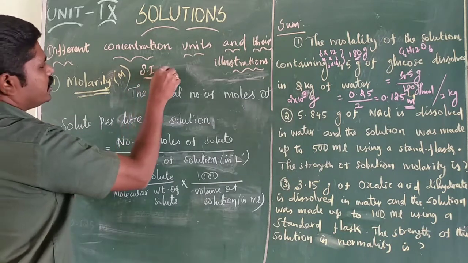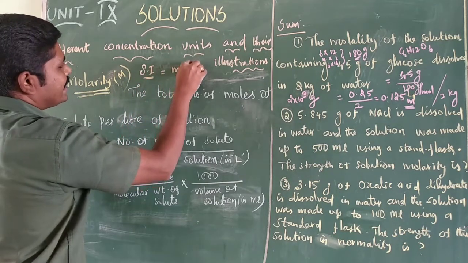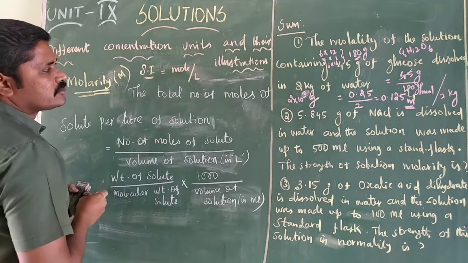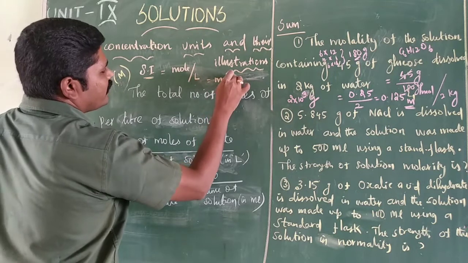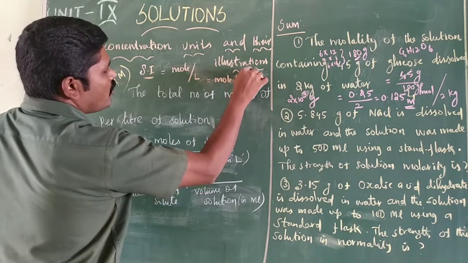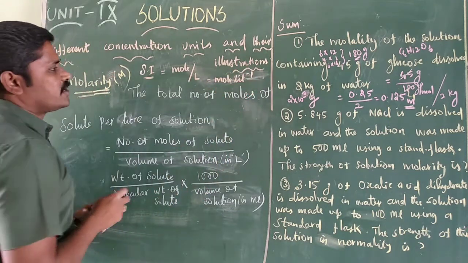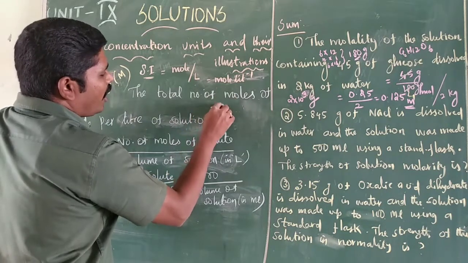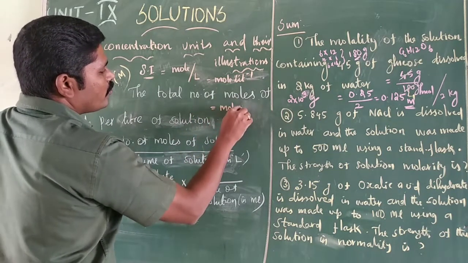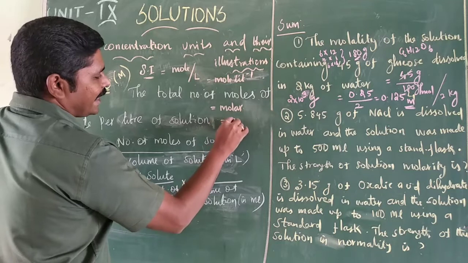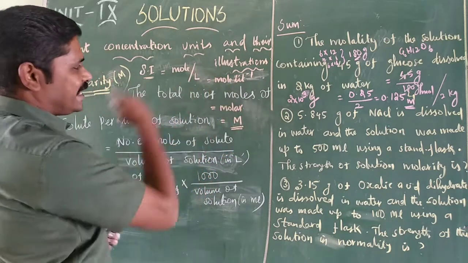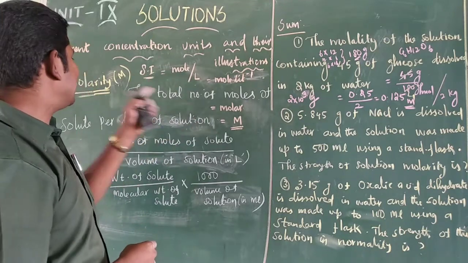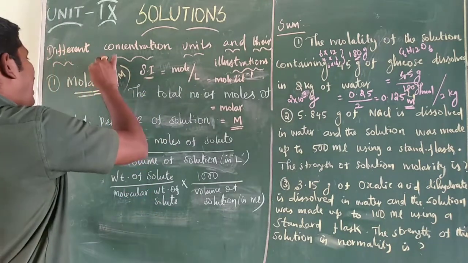So the SI unit of molarity is mole per liter, that is, mole liter inverse, or molar. Capital M means mole liter inverse or mole per liter to indicate the molarity unit.